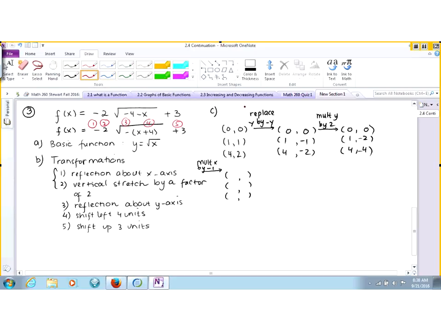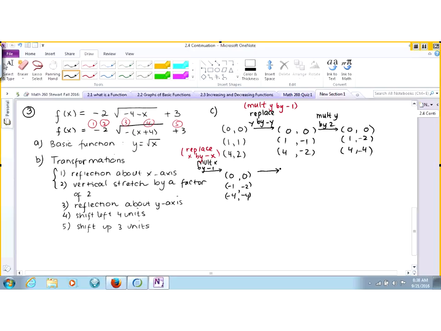Replacing y by negative y is the same as multiplying y by negative 1. Here, this is the same as replacing x by negative x, whatever you want. Okay. So, 0, negative 1, negative 4, 0, negative 2, negative 4.